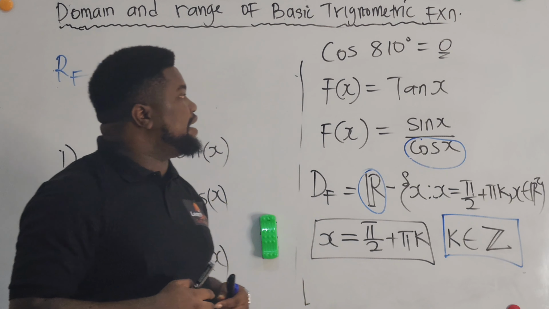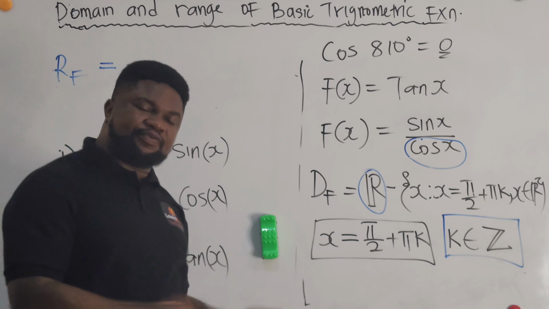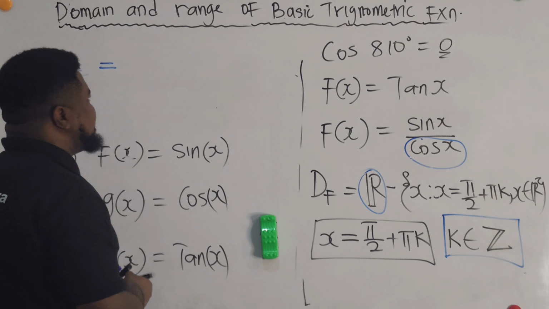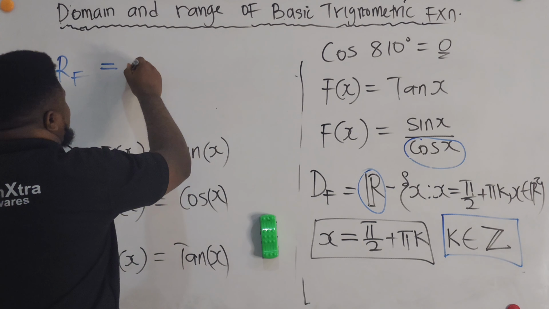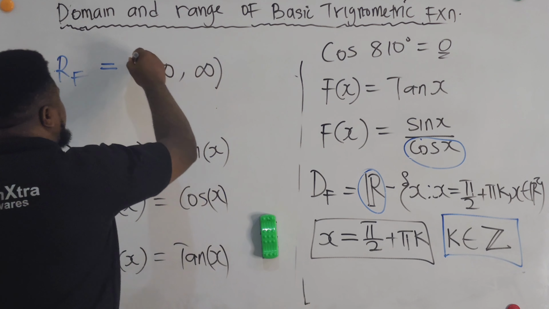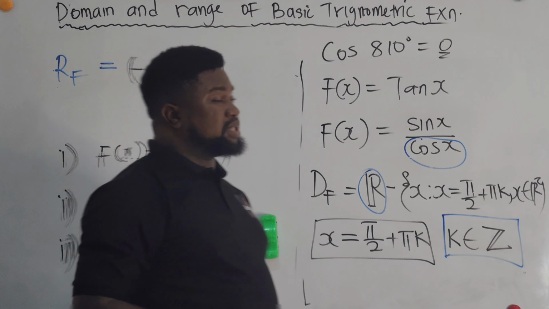Tan x can have any output. Anything can be the output for tan x. Therefore, we shall say that the range of tan x is going to be from -infinity to infinity, always open.